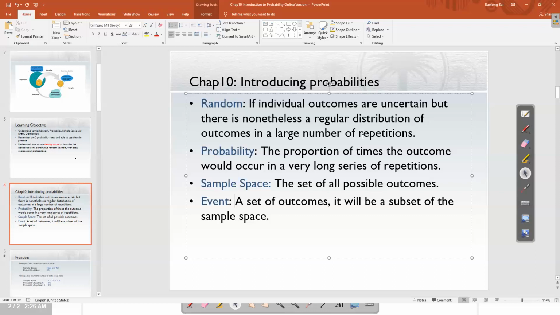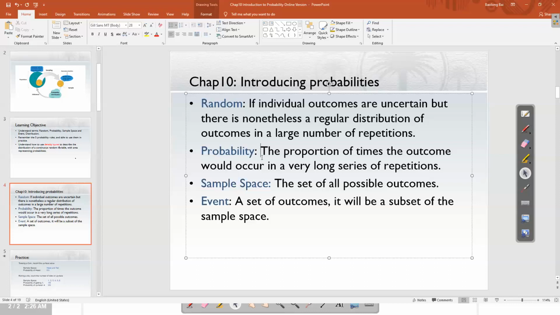And then probability in statistics is defined as a ratio. For example, for tossing a coin, if you toss it many, many times, then the probability of getting a head will be the number of times you observe the head divided by the total number of tosses you have, right?